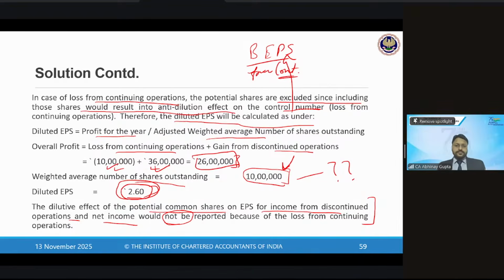So if the loss is decreasing, then we will ignore it. So my loss from continuing operations is how much? From continuing operations, the loss is 10 lakhs, right? Given in the question.